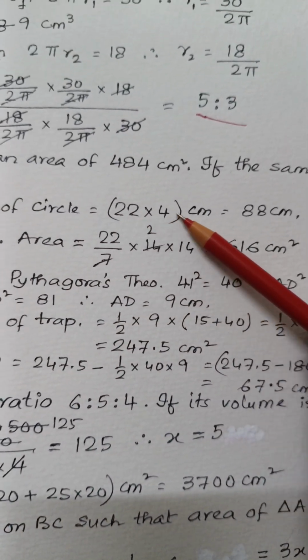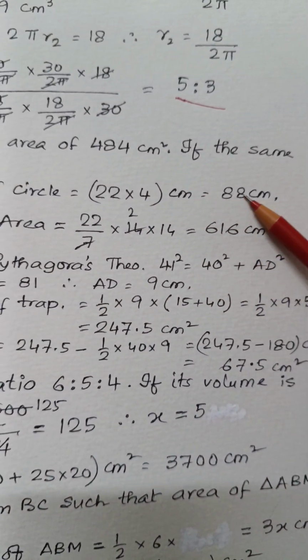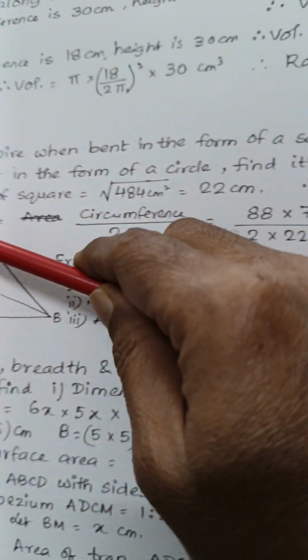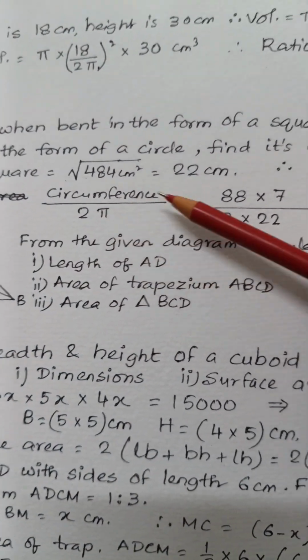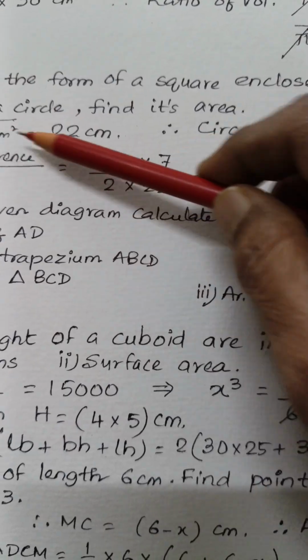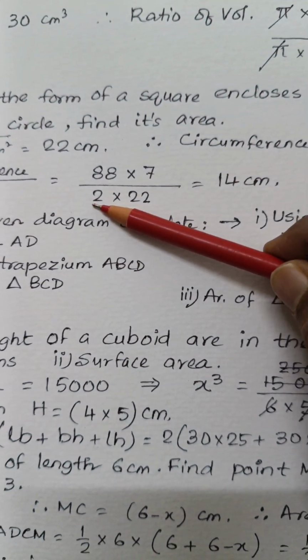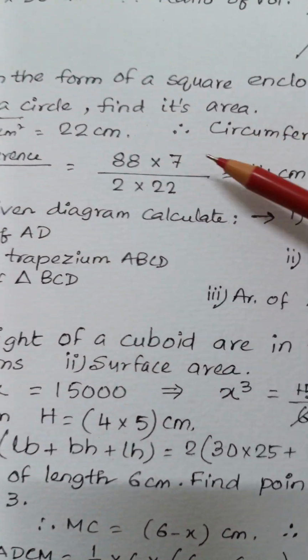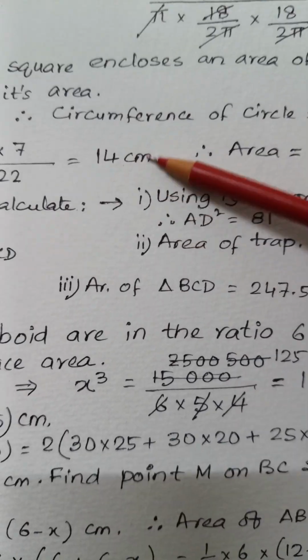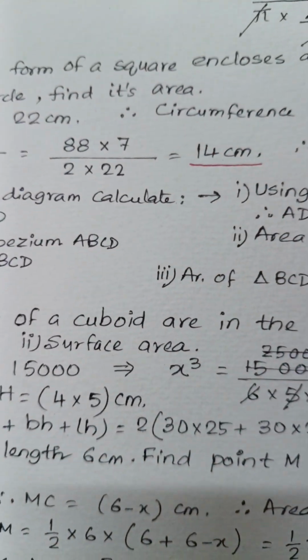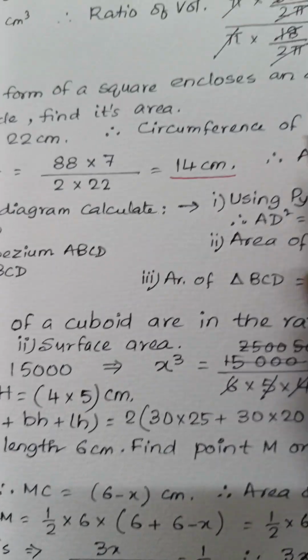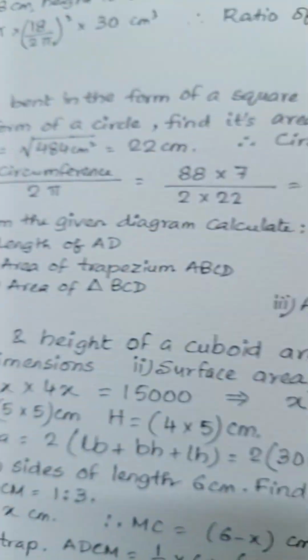Therefore circumference of the circle is 22 into 4 centimeter, that is 88 centimeter. Therefore radius is equal to circumference divided by 2 pi, that is 88 into 7 over 2 into 22, so the answer is 14 centimeter. And now we have to find the area. We know the radius.